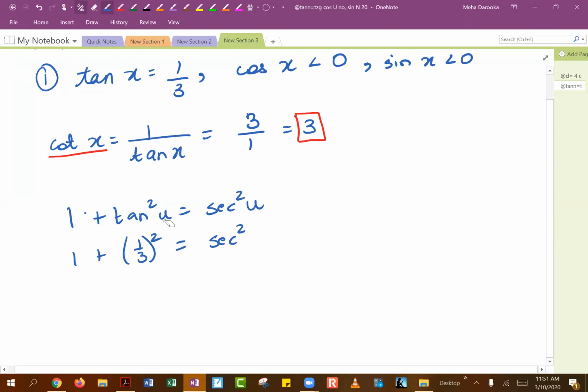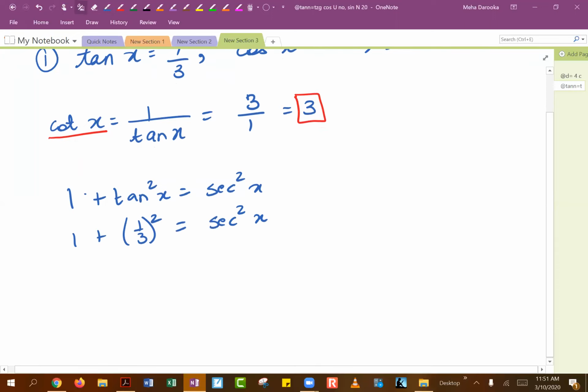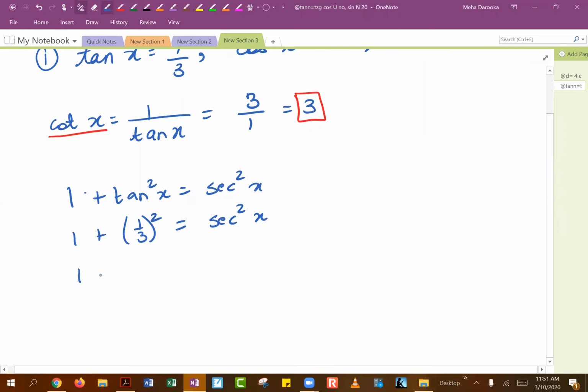And you know what? Since we're using x as our angle, let's change that to x. Okay, so if you go through the math, what do you come up with? Go ahead. 10 over 9, okay, yeah, because when you do 1/3 squared, that's going to become 1/9.